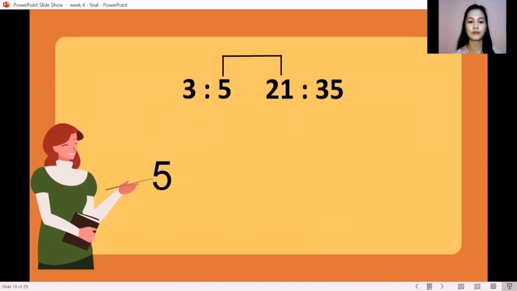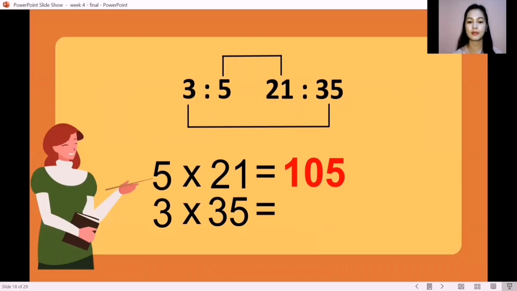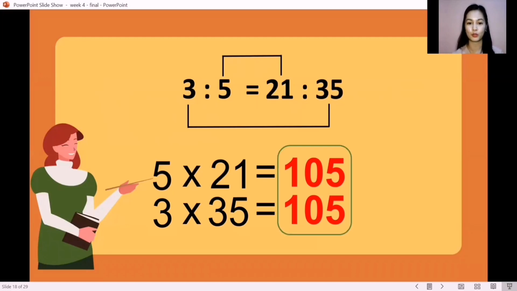So we will multiply 5 by 21, that is equal to 105. Then we will multiply the extremes, 3 times 35, which is equal to 105 as well. So they have an equal product, meaning to say 3 is to 5 and 21 is to 35 is proportion, because they have the same product. So they are proportion.